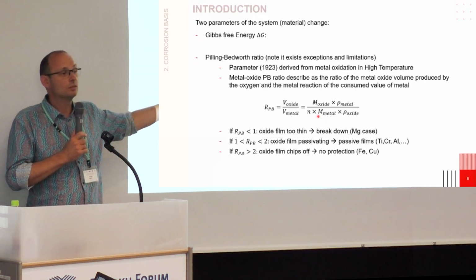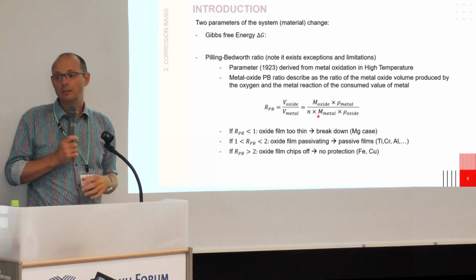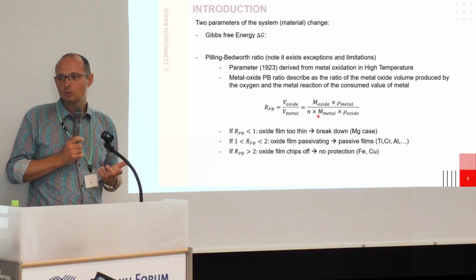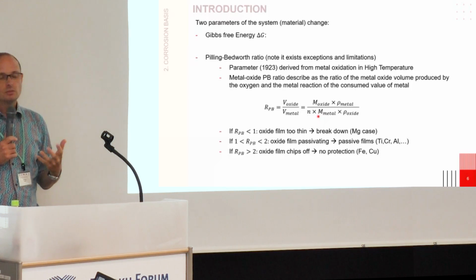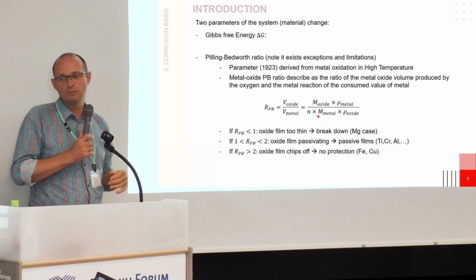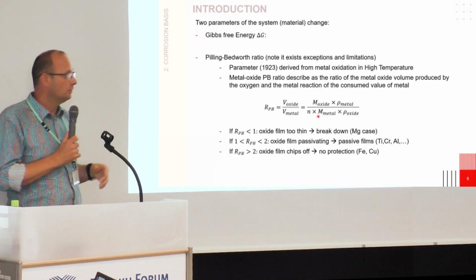So this is a case of the two reactions that I gave before, oxygen and temperature. And this ratio actually tries to characterize the volume of the oxide that you will create over the volume of the metal.